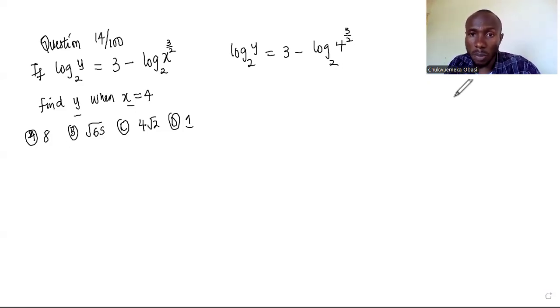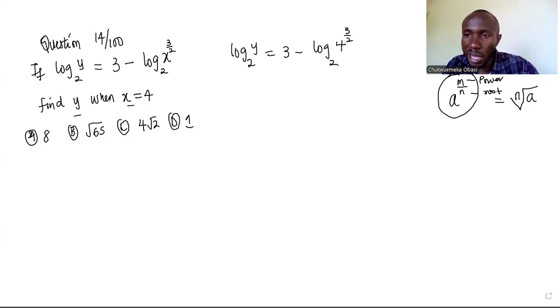Now, let me tell you something about exponents. If I have, let's say, a to the m over n, this m you see is the power, and this n you see is the root. So all this expression becomes the nth root of a to the power m.